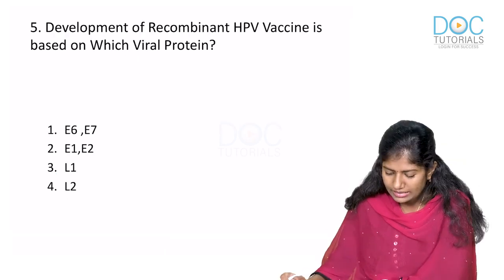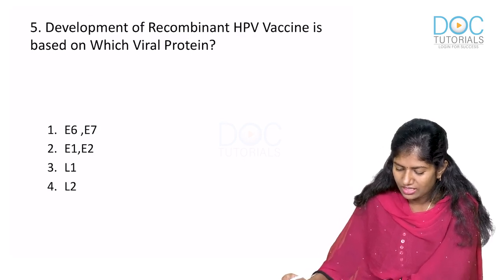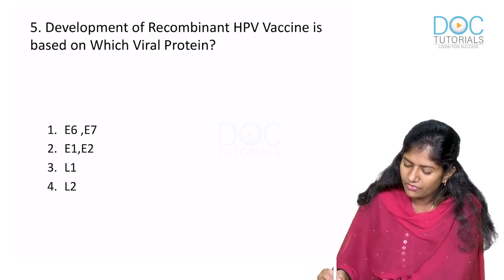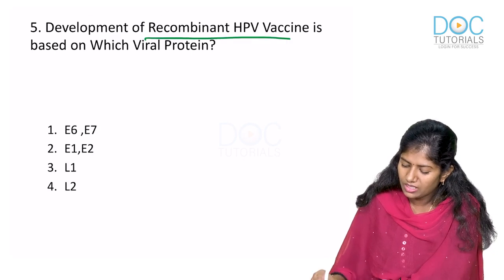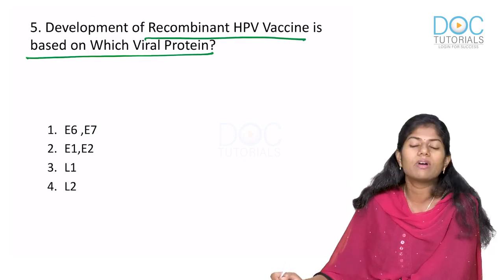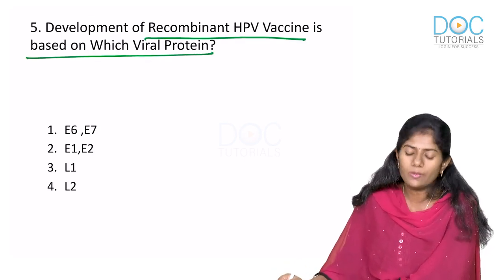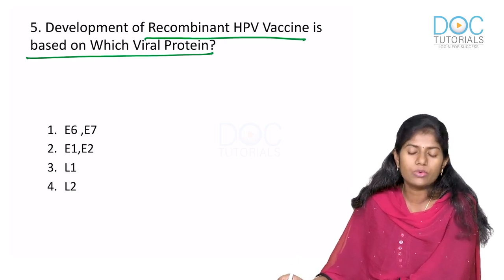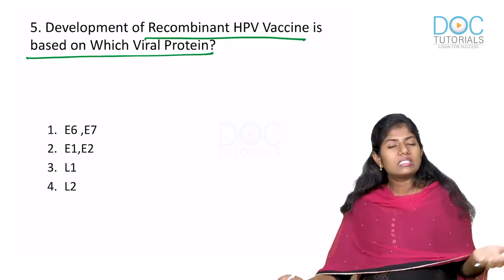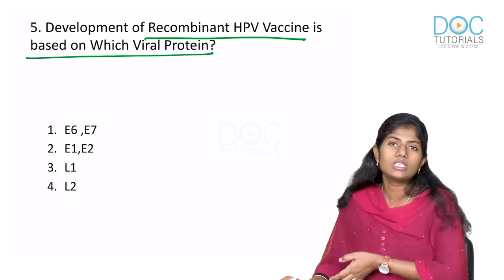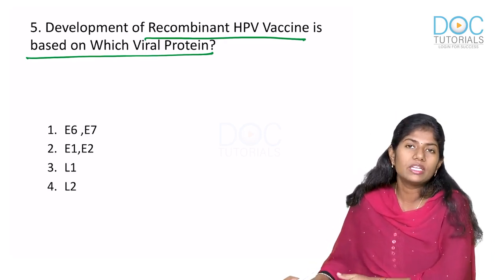Next is about the HPV vaccine. Development of recombinant HPV vaccine is based on which viral protein? See, we have various viral proteins. We have the E6 and E7 oncoproteins, and the E1 and E2 proteins.